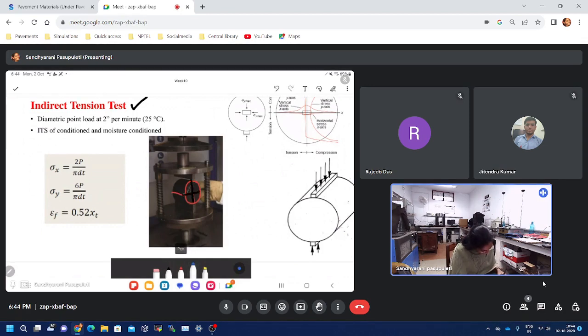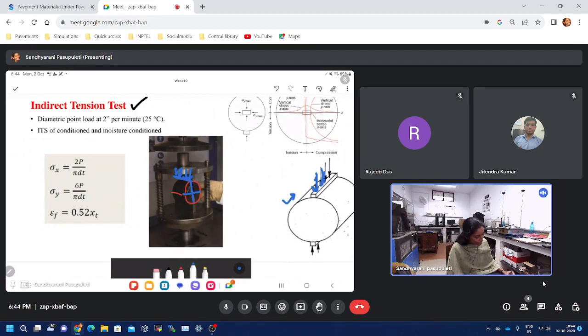This is to understand in which direction the specimen is going to fail, whether it is deviating from that axis or not. And there is a horizontal strip. On this horizontal strip, you can observe that the load will be applied from the top. So here we are applying a compressive stress from the top. This is the compressive stress.